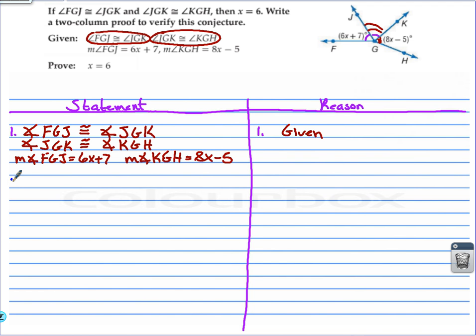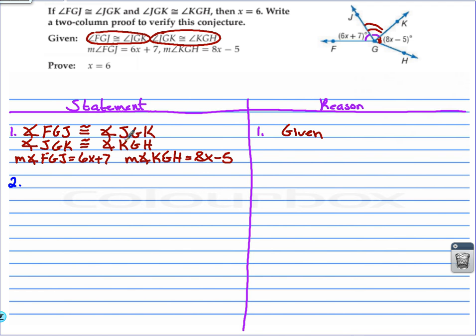Step number 2. And this is what I was kind of getting at just now. I know that if FGJ and JGK is the same, and JGK and KGH are the same, then that must mean that FGJ and KGH are also the same by the transitive property. But I can only use the transitive property if I have equal things. So what I'm going to do in step 2, and this is going to be normal, you're going to do this on most problems.